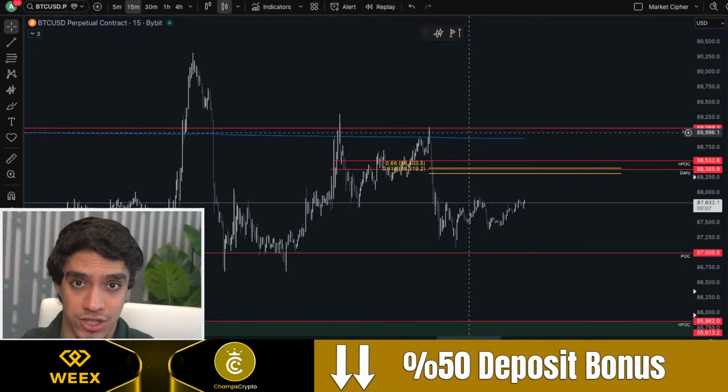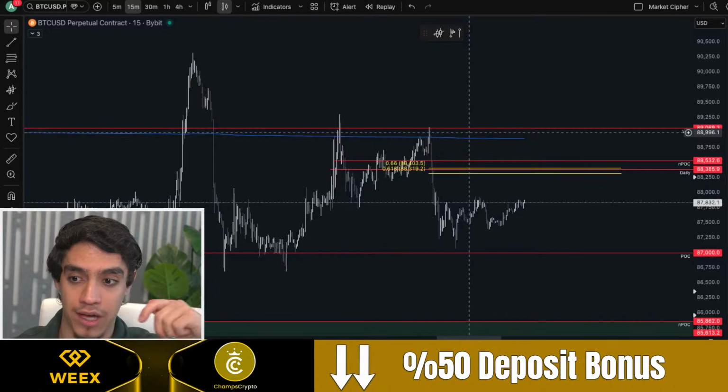But it's not only about putting it below your long entry or above your short entry. It has to be in a specific area, at the invalidation point of your trade.